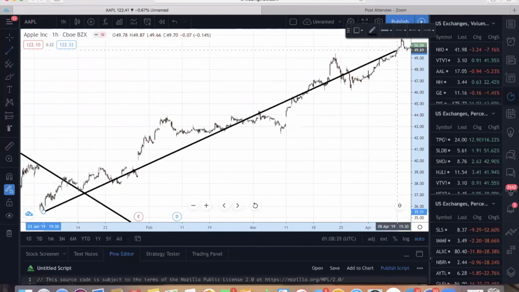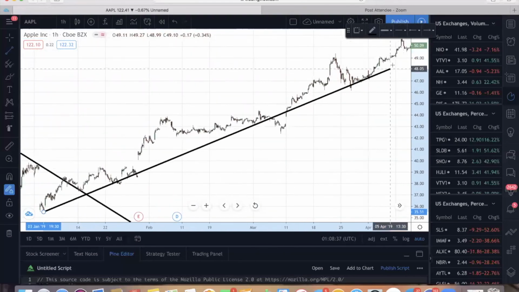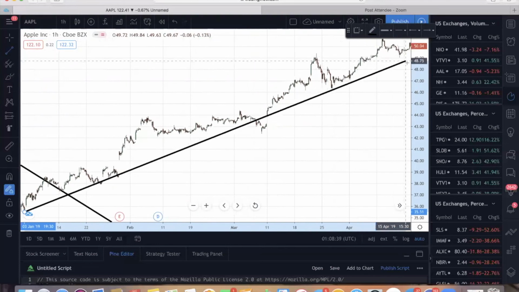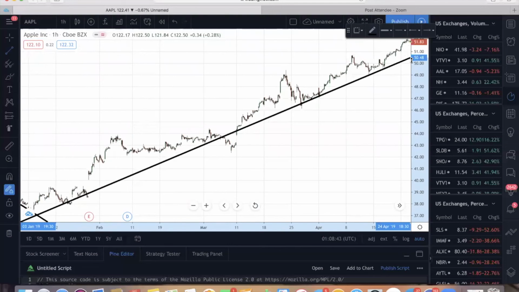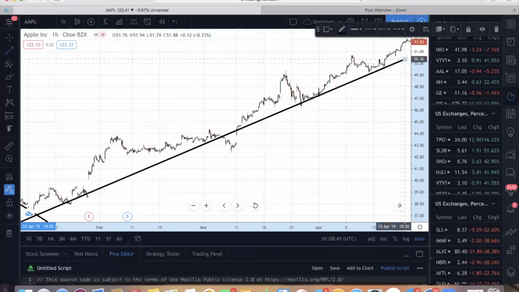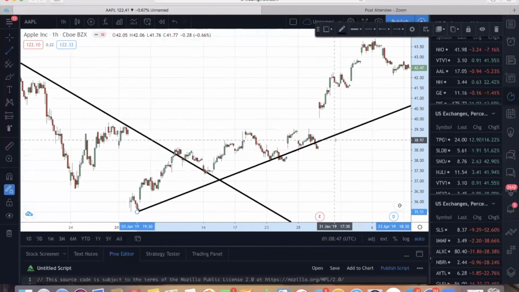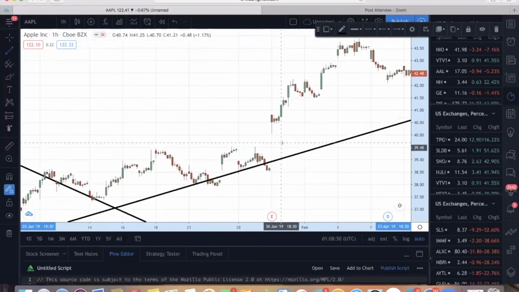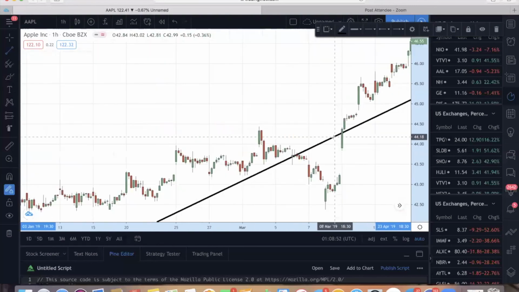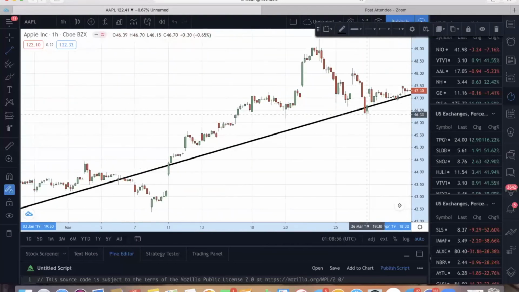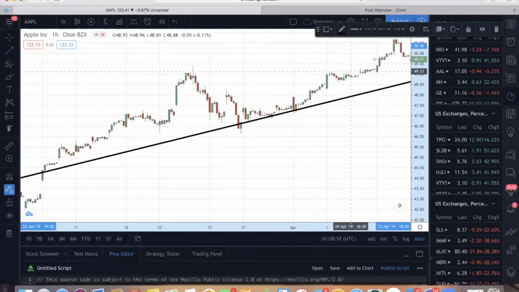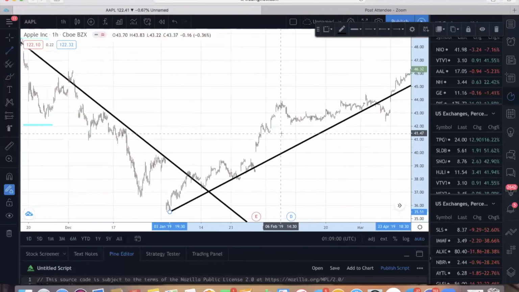So if we look here, we're trying to hold this uptrend. It looks good right in this area, right there, off these wicks. All right, so you could see that for the most part, it acted as support, squeezed between, broke above, acted as support, acted as support, and we continue to move up, right?